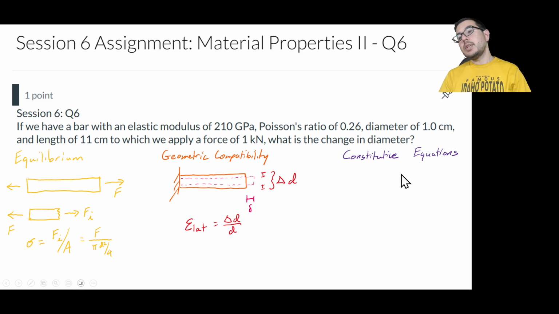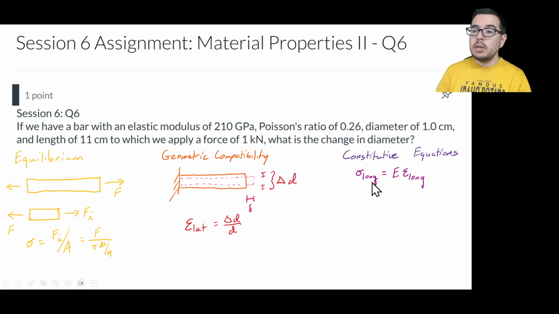Let's now come over to the constitutive equations that we're going to use. This sigma longitudinal, which is the same as this sigma over here, is equal to E epsilon longitudinal. This comes from Hooke's law. And we have a Poisson ratio that we can use to describe the relationship between the latitudinal strain and the longitudinal strain.